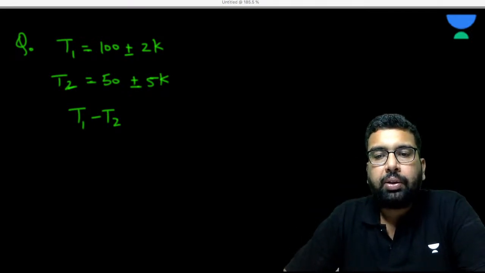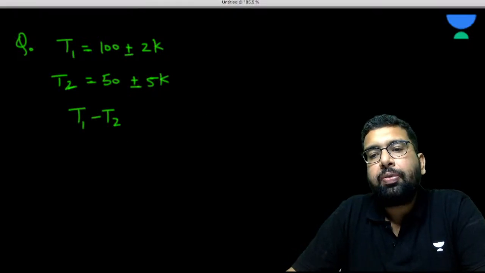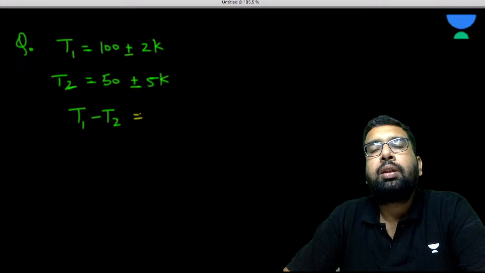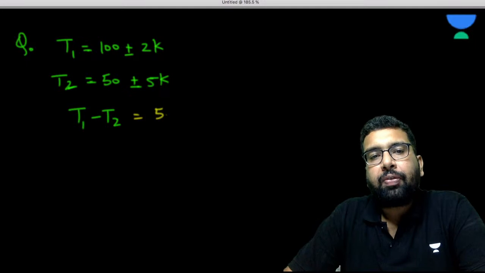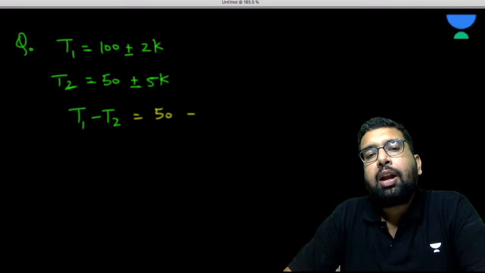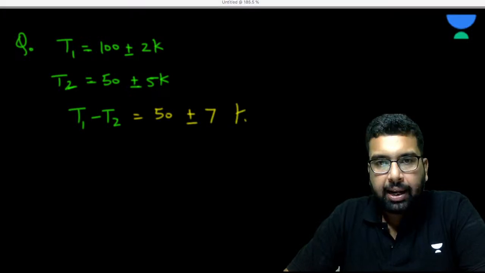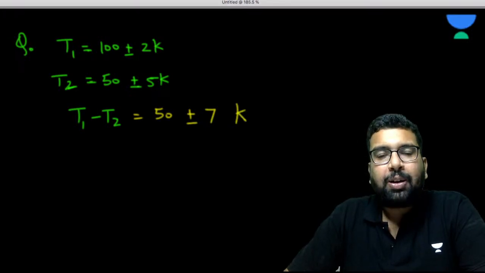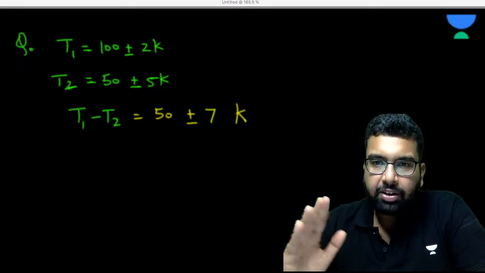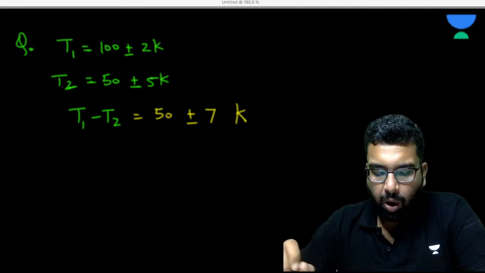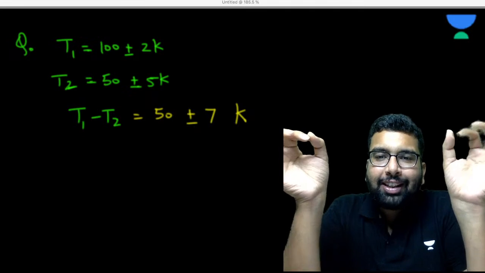First we subtract the true values, so we get 50, and errors are always added. Errors are always added in addition or subtraction, whatever it is. Addition and subtraction, errors are always added.